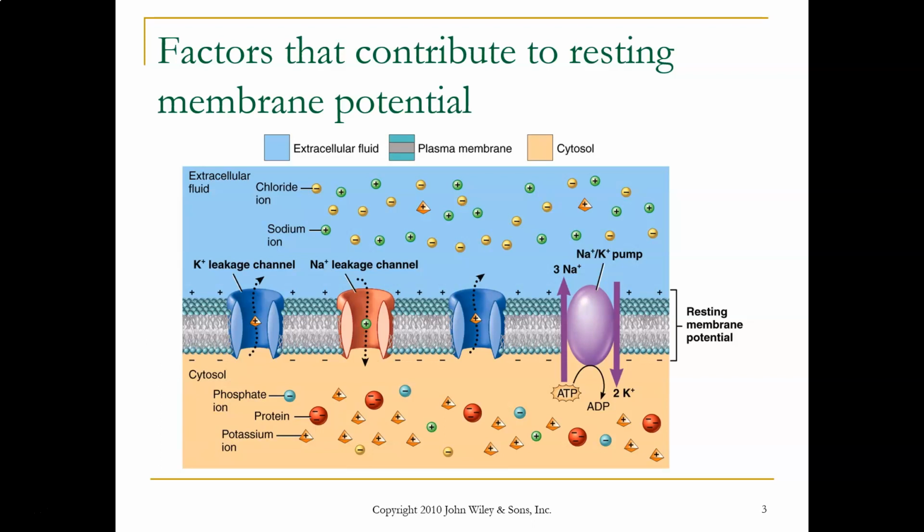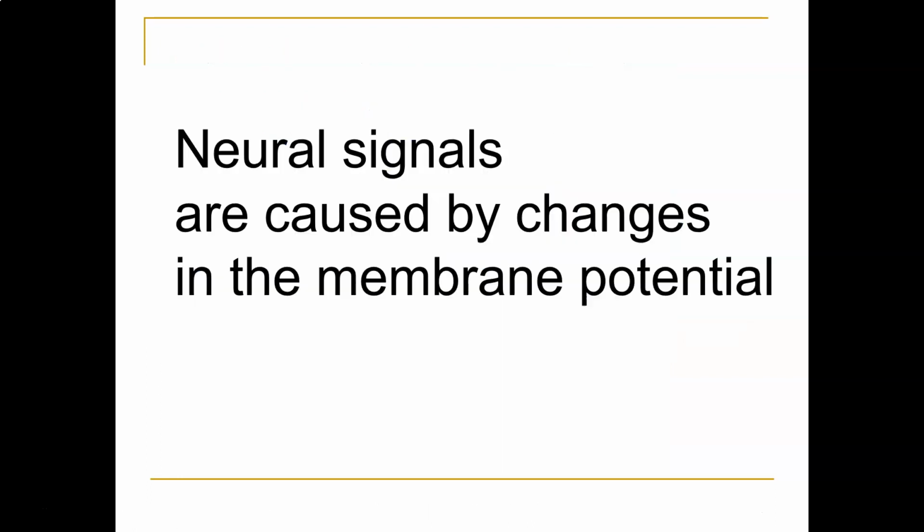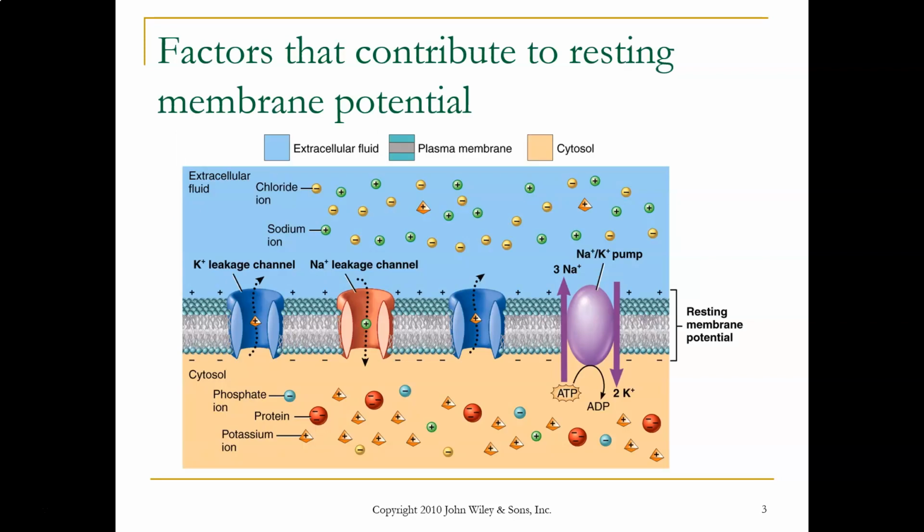So at first it might seem like, why even have these leakage channels when they're counteracting the pump? But actually the resting membrane potential is dependent on really both of these factors, the active force and the passive force.